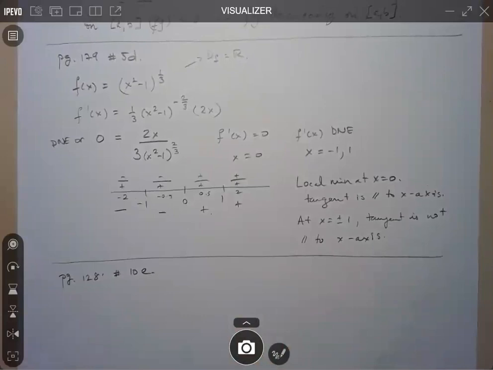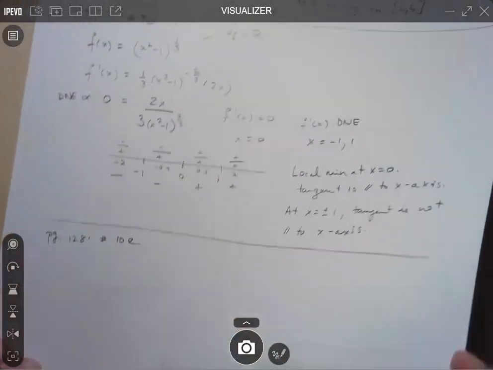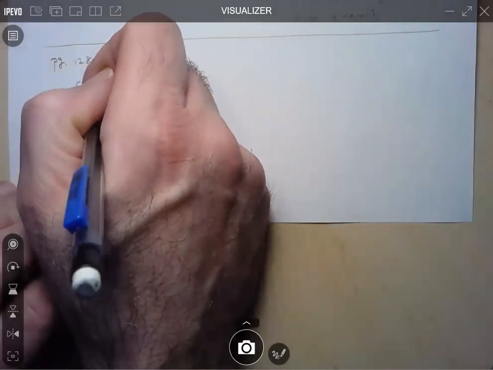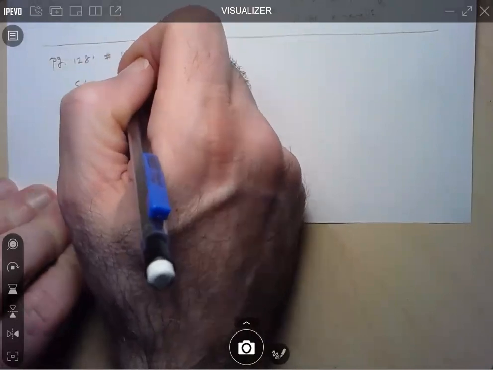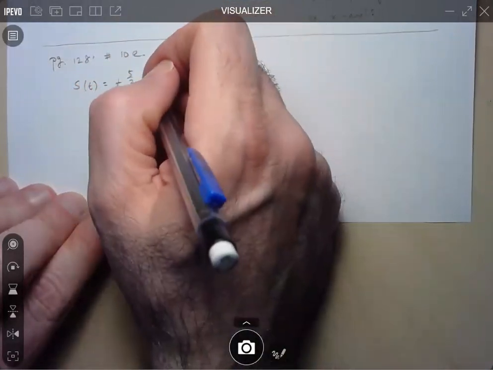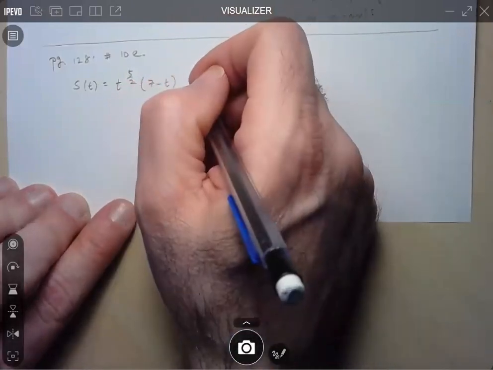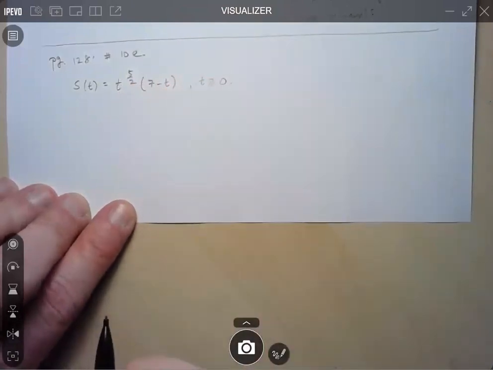Here they give you a position function. Let me write that down here. We've got our position function, which is t to the 5/2 times 7 minus t. And that's for t greater than or equal to 0, not surprisingly.